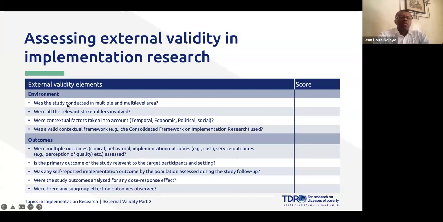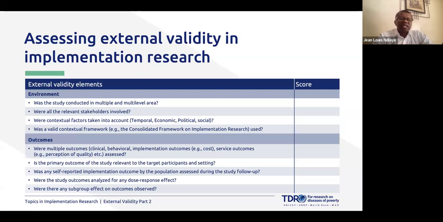Were all the relevant stakeholders involved? Did you really make a good mapping of the stakeholders? Were the contextual factors taken into account, meaning temporal, economic, political, or social? Was a valid contextual framework, meaning a recognized framework on implementation research, used or not?